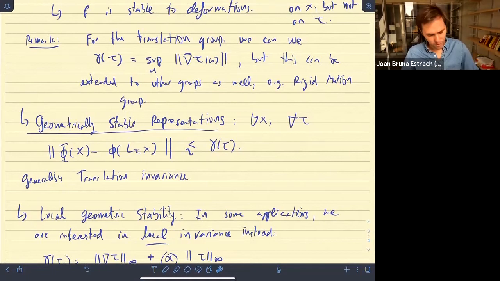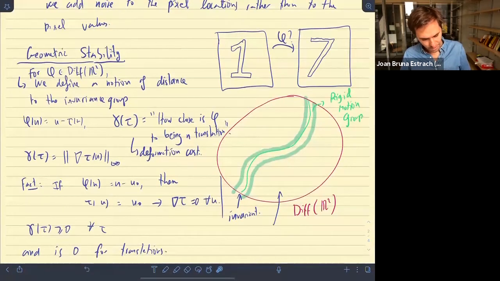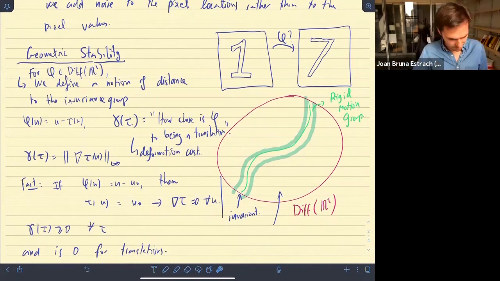And that's why I come back again to this picture here, that you can think about this deformation cost as measuring some kind of distance to this orbit, to this rigid translation group. And so it's going to be very informative when you're nearby, although outside, it doesn't prescribe anything. Yeah, you're correct. The intuition is correct.